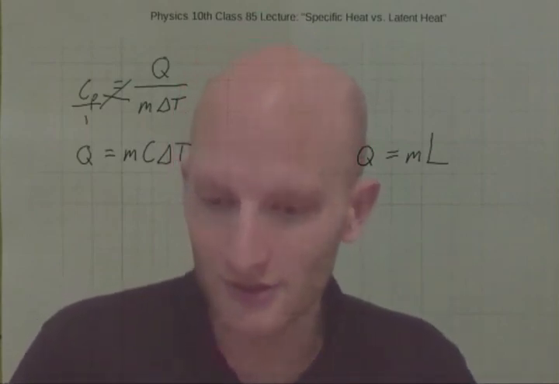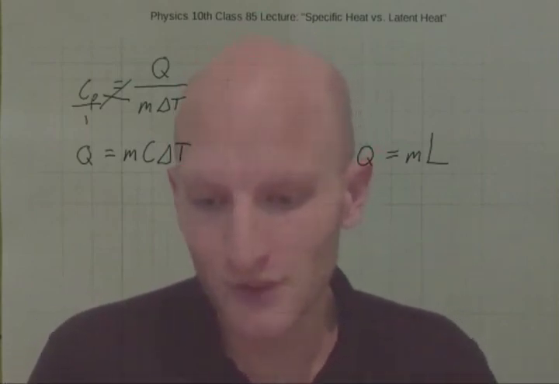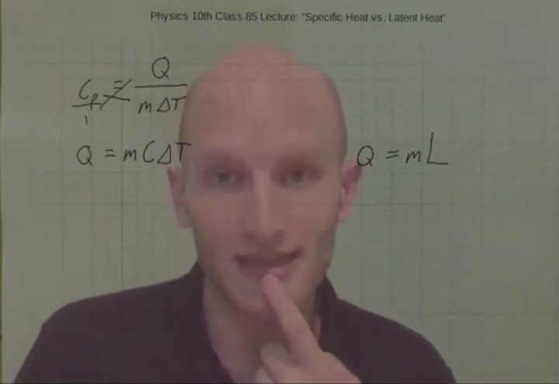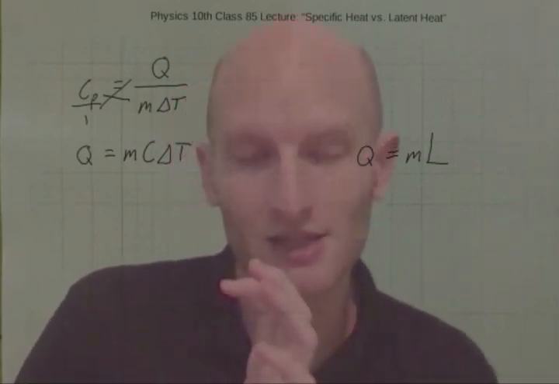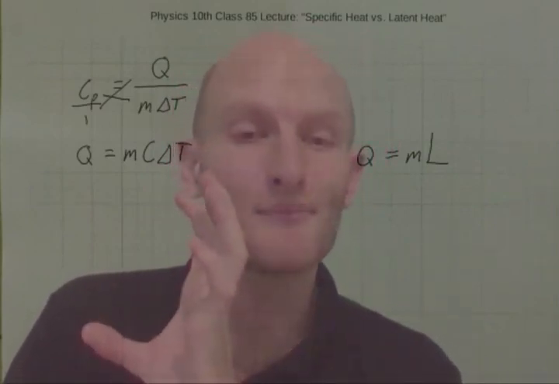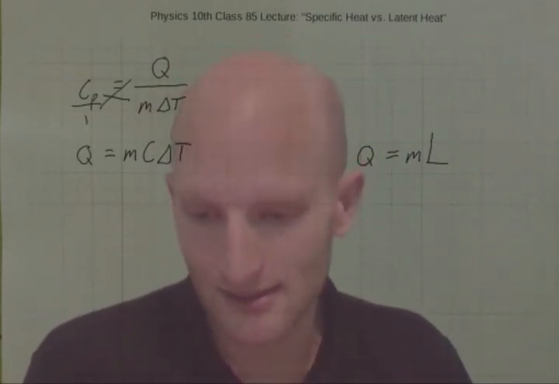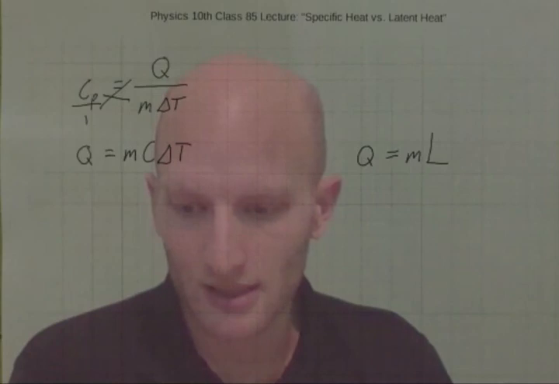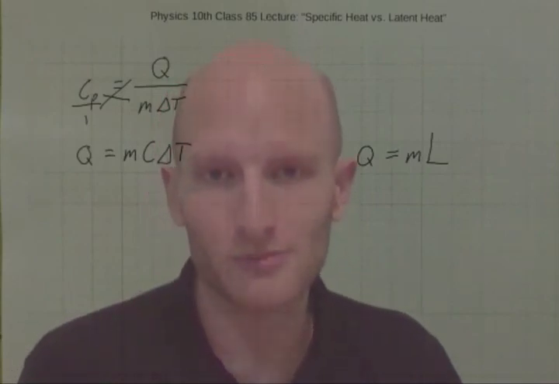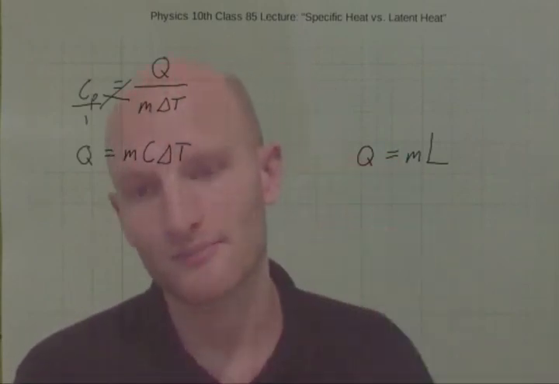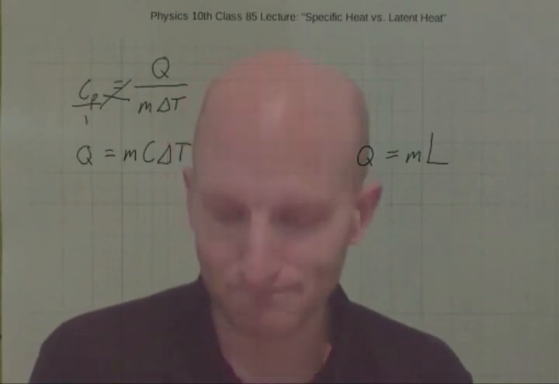The latent heat of fusion, the energy required to change a certain mass of water from solid to liquid, is 333,000 joules per kilogram. Again, you don't need to remember that number.